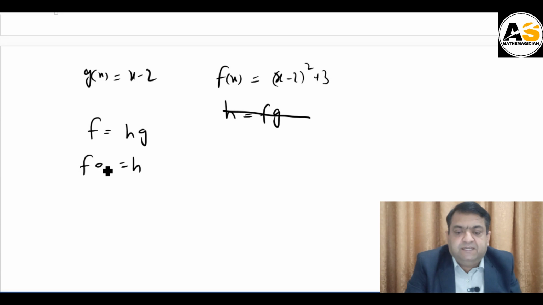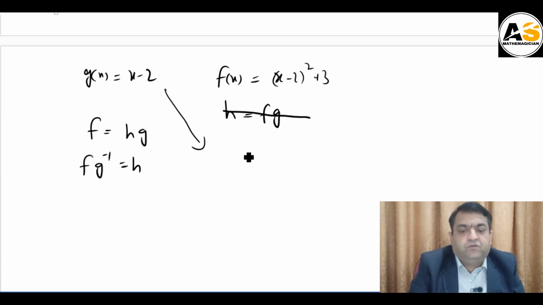So what will h be? h will be f of g inverse. First of all, we will find g inverse, which you can easily get. I am directly writing it: x + 2.